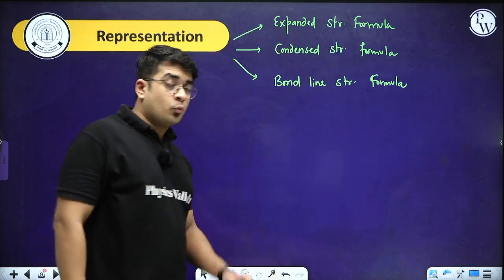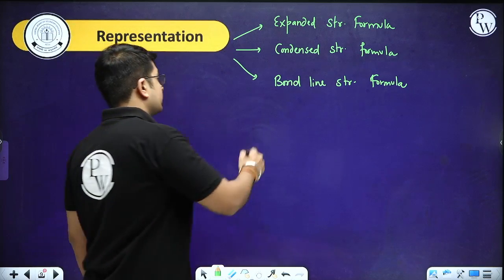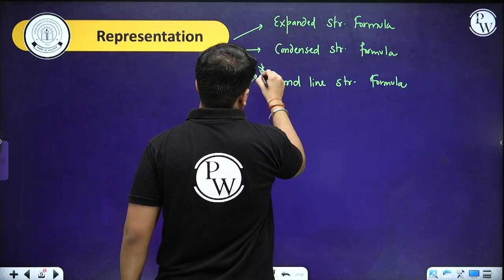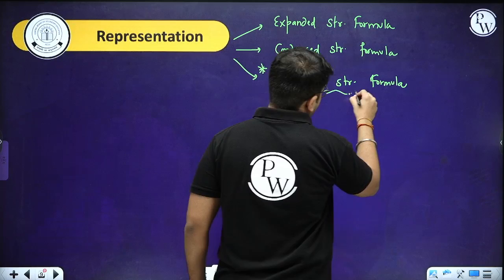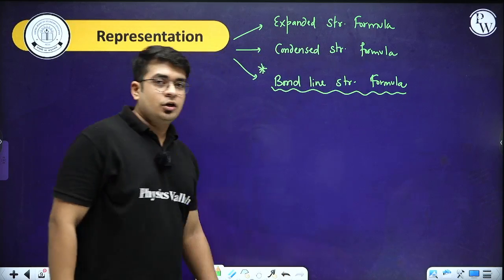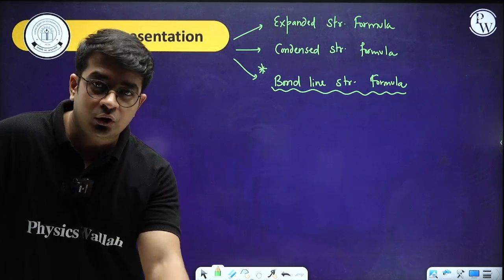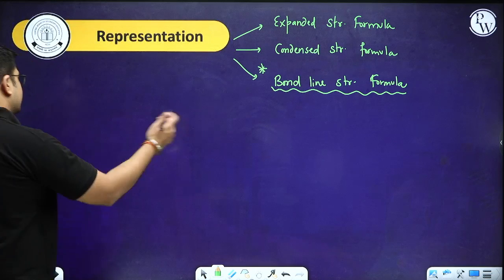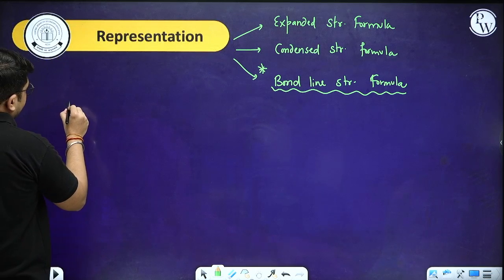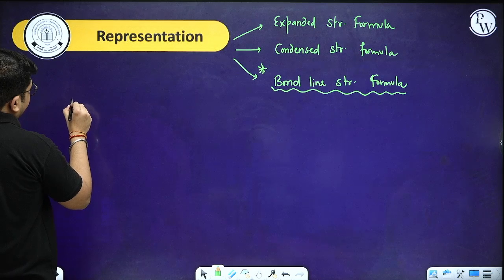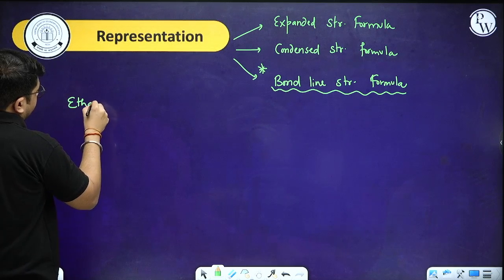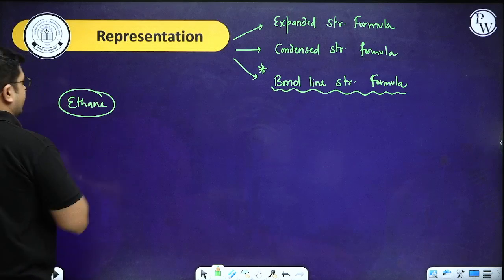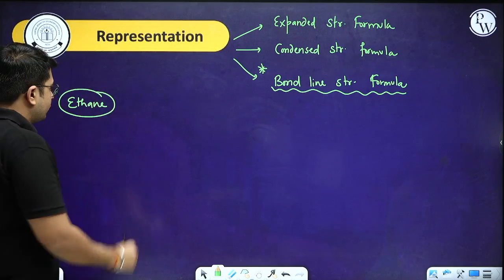The most used notation, or representation, in the case of organic compounds is basically the bond line structural formula. But how do we draw these types of structures? Let's say the compound given is ethane.